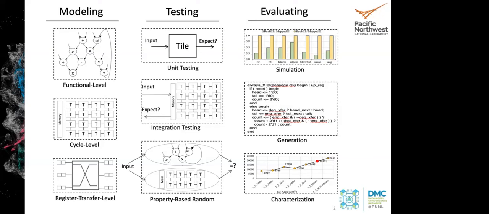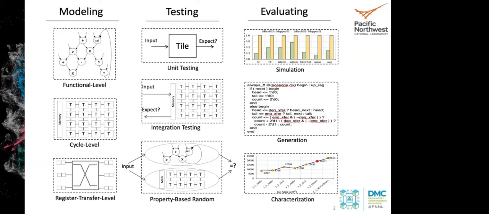For testing, a robust framework should be able to perform unit testing and integration testing conveniently. OpenCGRE also enables the property-based random testing to speed up the verification procedure.